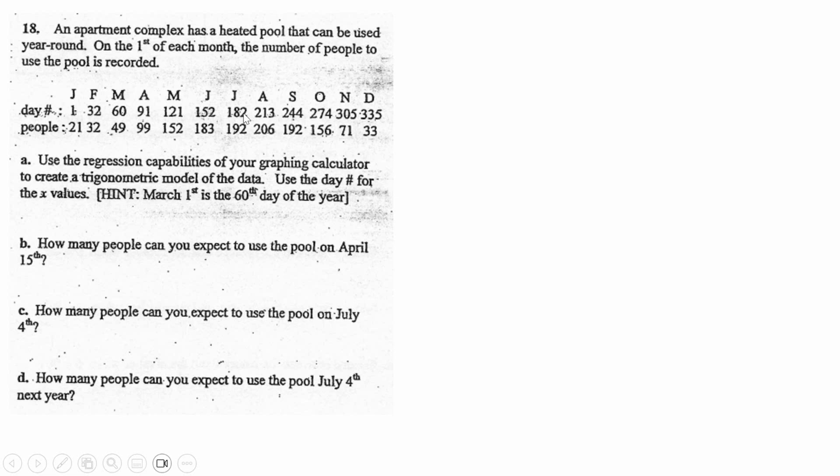Okay, so we want to go ahead and use our graphing calculator, and then we want to figure out what is April 15th, what is July 4th of this year, and then we want to do July 4th of the following year. I want to first figure out April 15th.